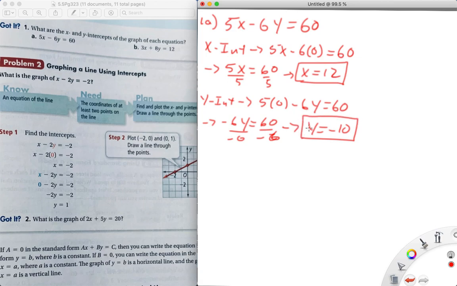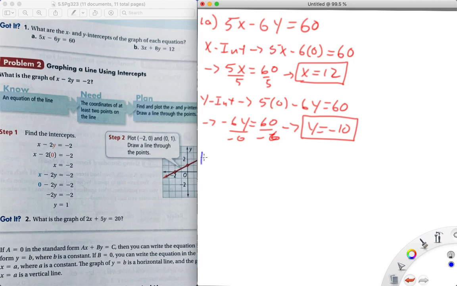So for the x-intercept, I substituted 0 for y in order to find my x. That goes away, and you're just left with 5x equals 60. Divide both sides by 5, and there you go. Y-intercept, y when x is 0. Substitute 0 for x. That goes away, and you're left with negative 6y equals 60. Divide both sides by negative 6, y equals negative 10. So that's 1a.